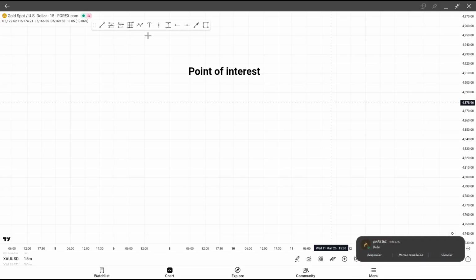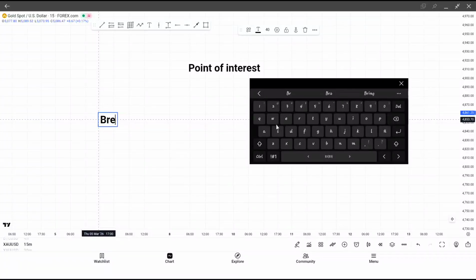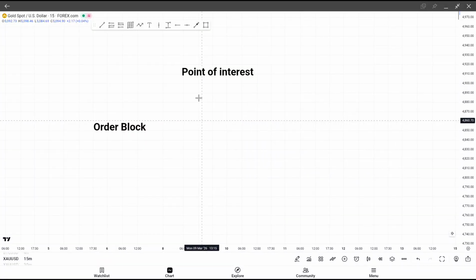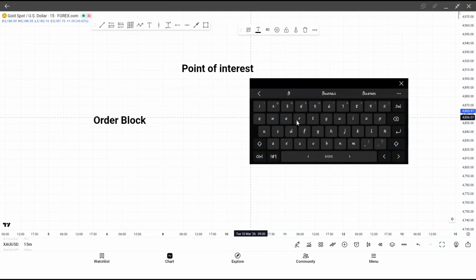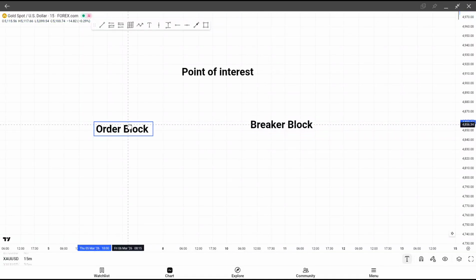Those points of interest are divided into two. The first one is order block, and the second one is breaker block. There is no third point of interest. It will be only either an order block or a breaker block.